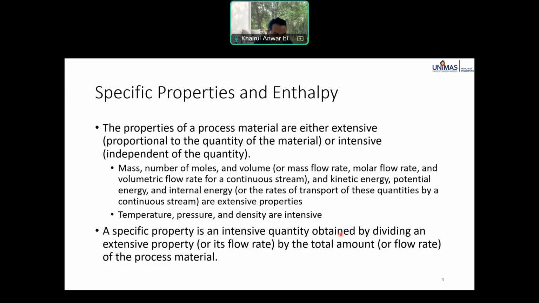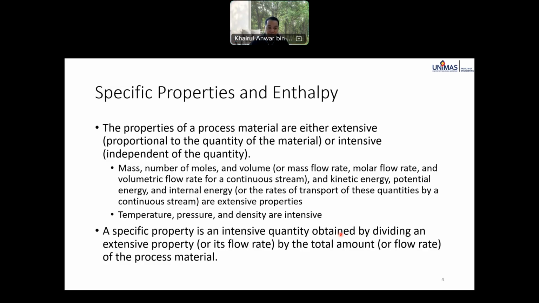Intensive properties are temperature, pressure, density. Meaning temperature, pressure, density are independent of the quantity, but an extensive property is related to the quantity of the material.